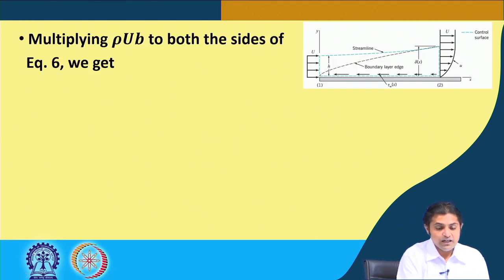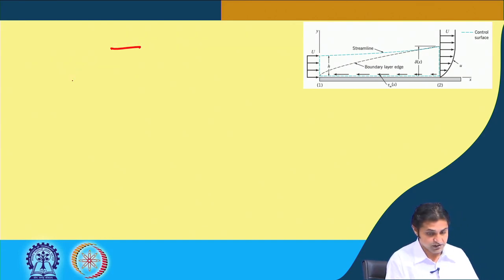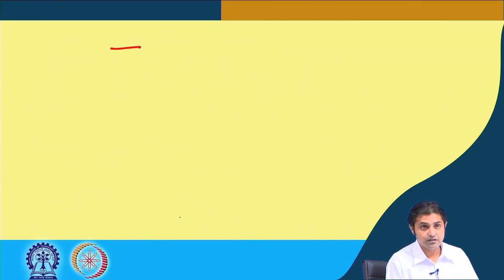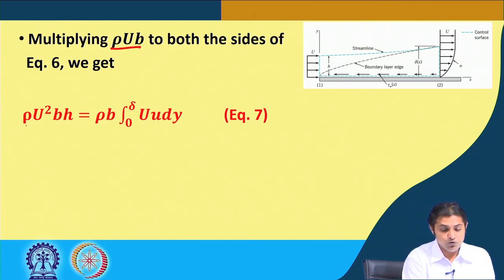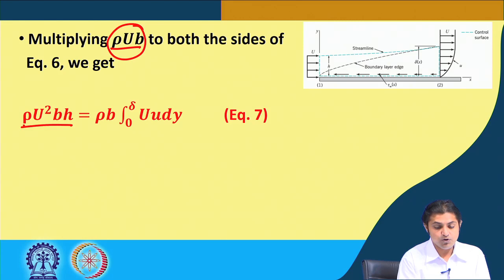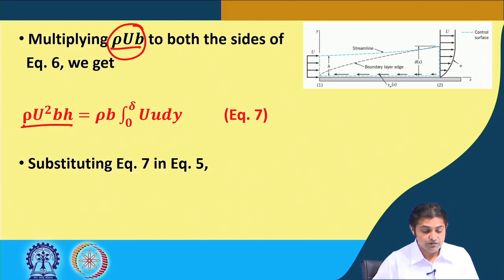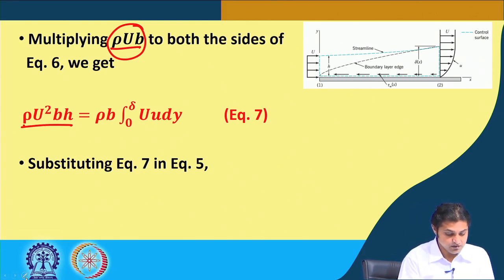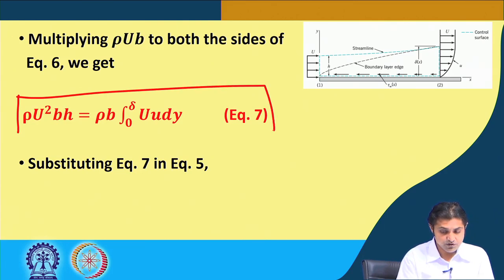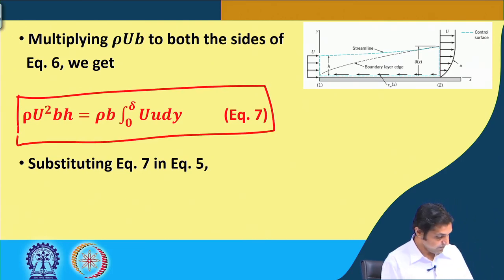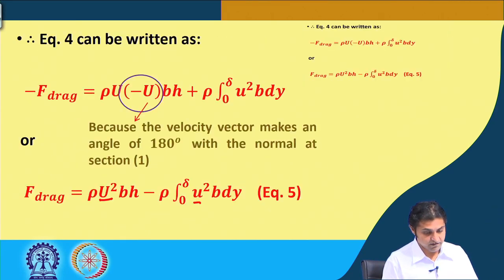So, if we multiply rho Ub to both sides of equation 6, we get rho capital U square. So the left hand side becomes rho capital U square bh, which is equal to rho b capital U small u dy, integrated from 0 to delta. Now, if we substitute this equation 7 into equation number 5, I will take you to equation number 5 again.